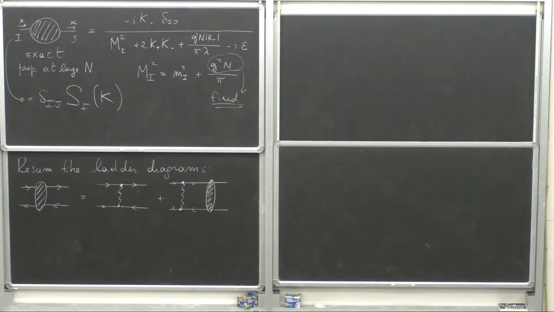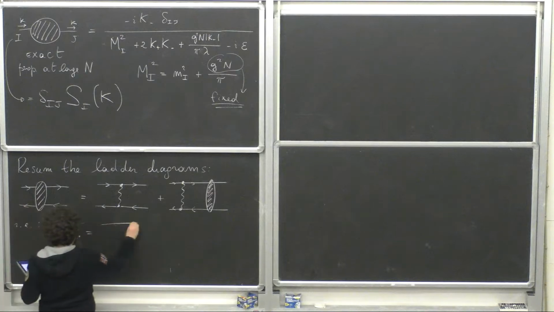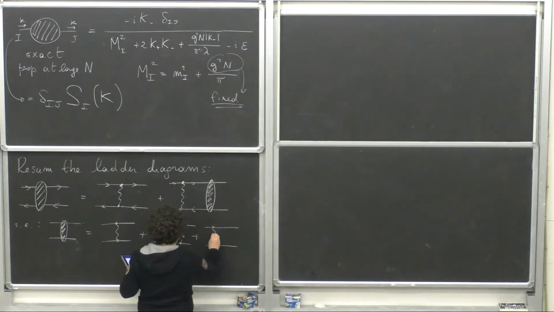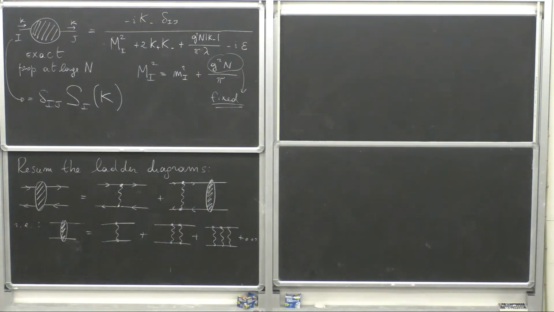Okay, so with this kind of equation, we are basically saying that the blob is equal to this plus this plus this and so on. Okay, the infinite sum. And I forgot something.